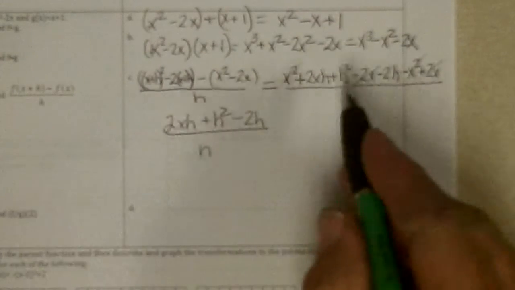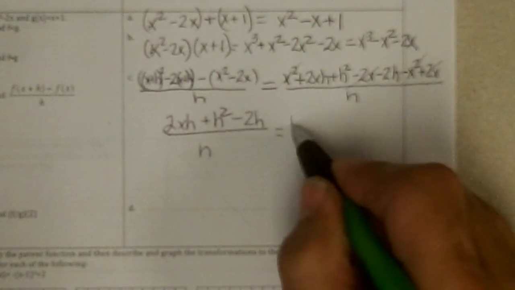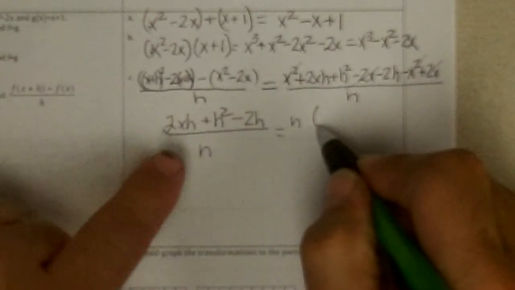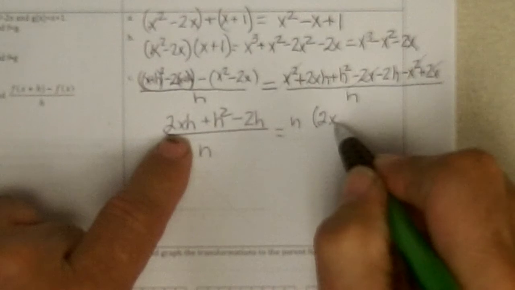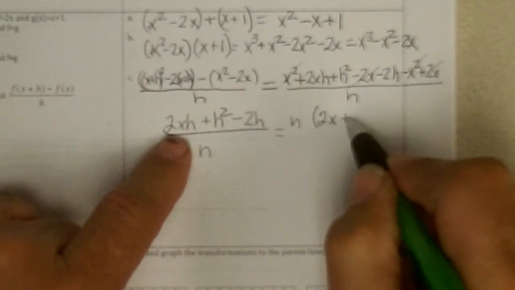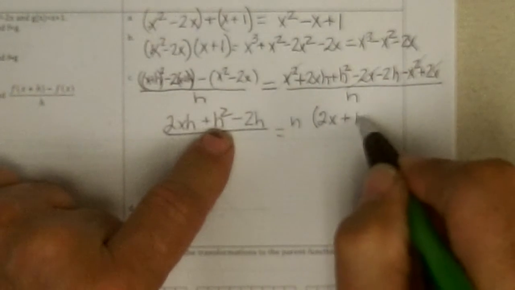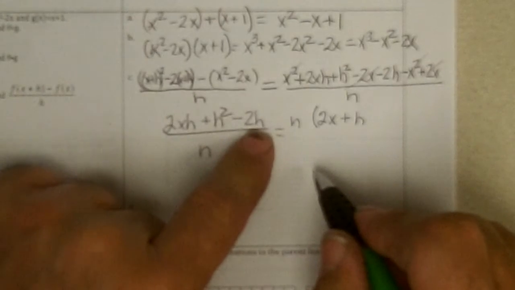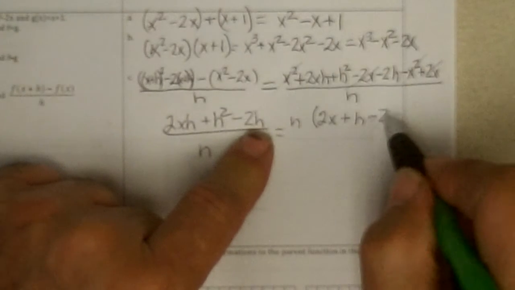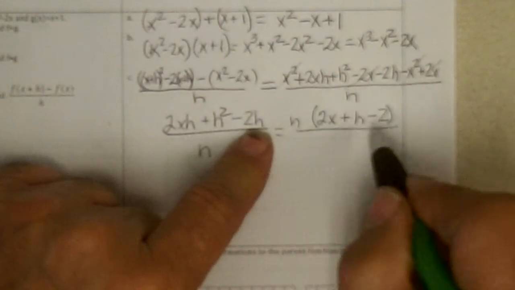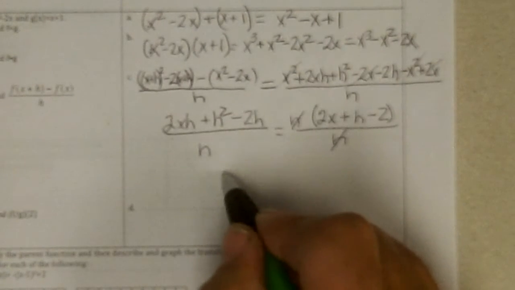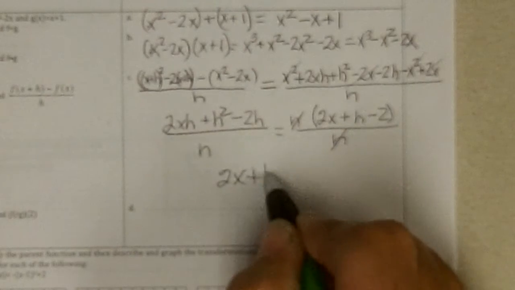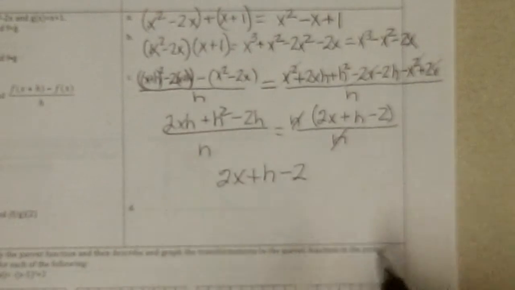There's an h in each of those that I can factor out. That'd be h times 2x would make 2xh. H times h would make h squared. H times negative 2 would make negative 2h. The h's cancel, and I end up with 2x plus h minus 2.